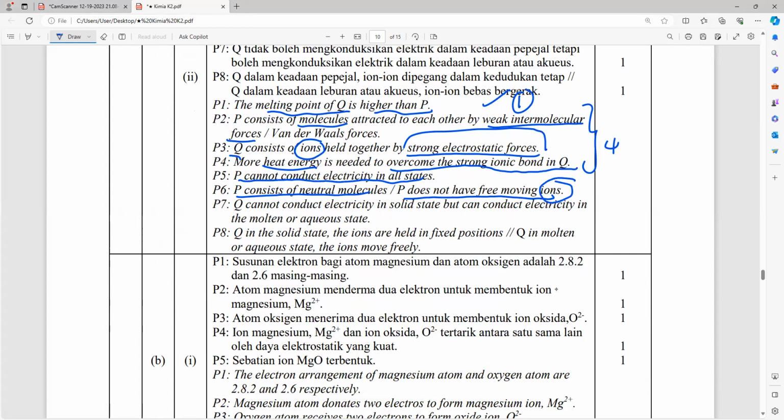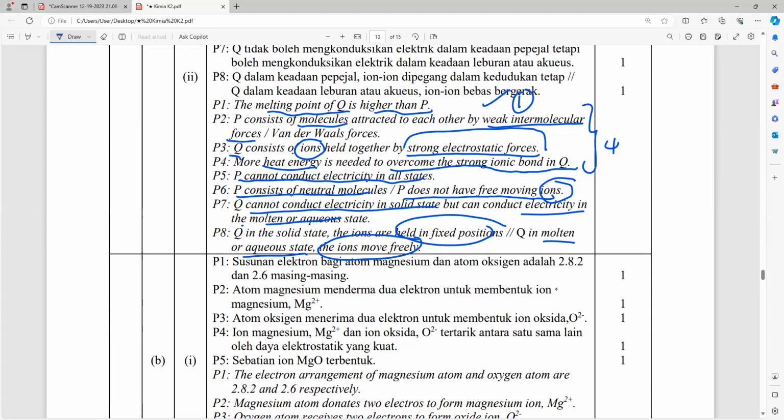You cannot write the word electrons here. Now Q cannot conduct electricity in solid, but it can conduct electricity in molten and aqueous. Why? Because in solid, the ions are held in fixed positions, but in molten and aqueous, they are freely moving.